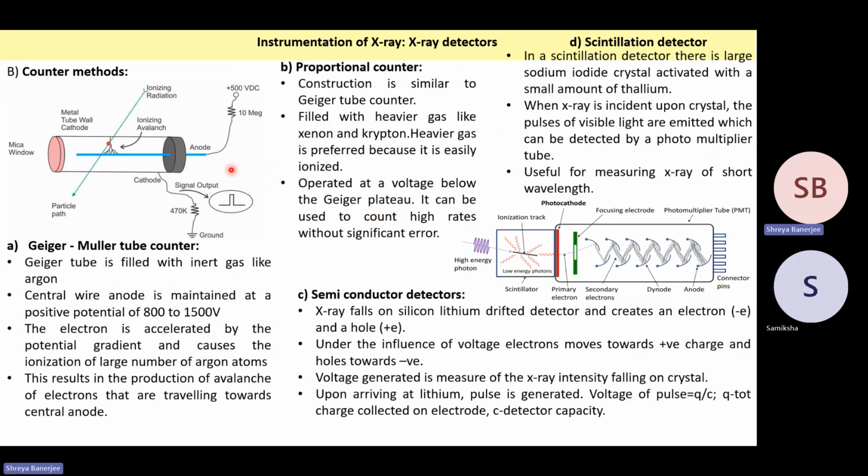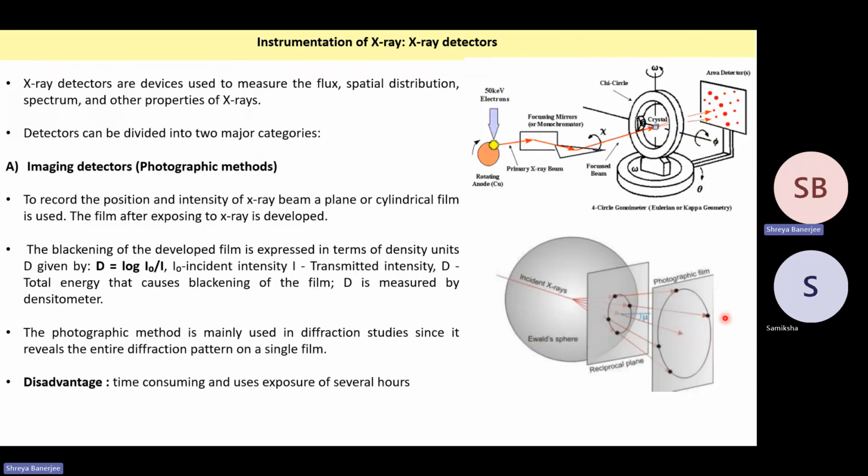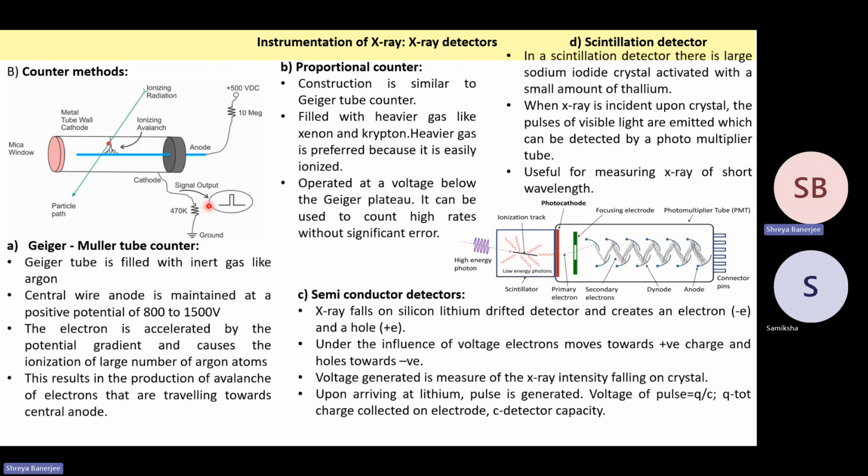The basic concept of all these methods is that there is some gas in the detector, and the gas is being ionized by the accelerating electrons, and there is some electrical signal. So instead of measuring it on a photographic plate, the detector is measuring it in the form of electrical signals.